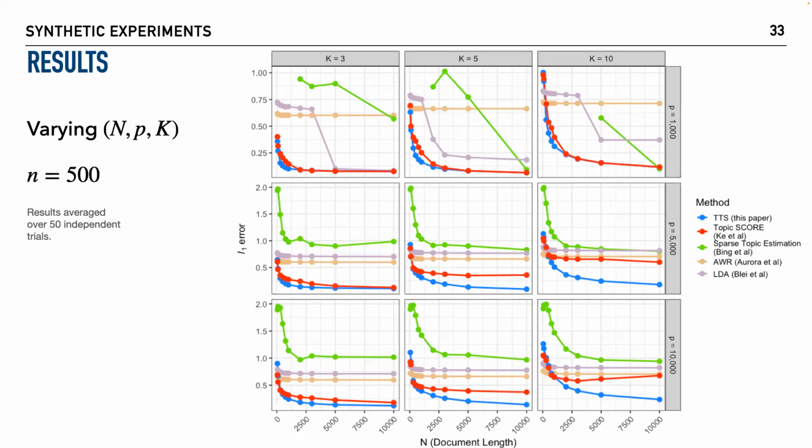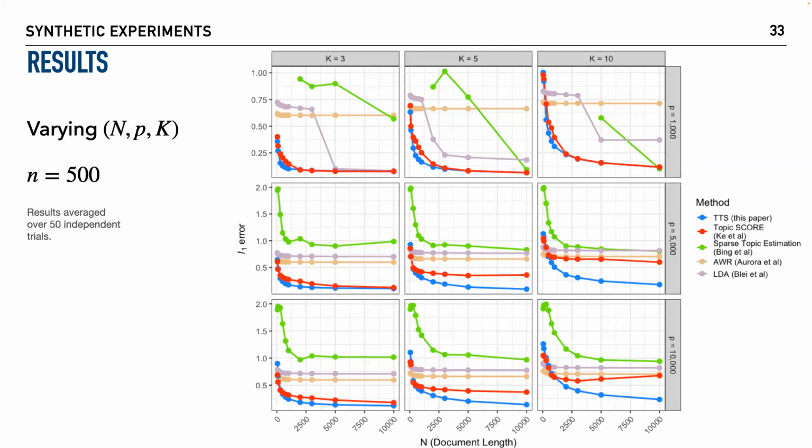The gap between the two increases when the problem becomes a little harder, especially as the number of documents increases. As you can see, the gap widens here. You also note that when the number of topics is small, both methods do reasonably well.